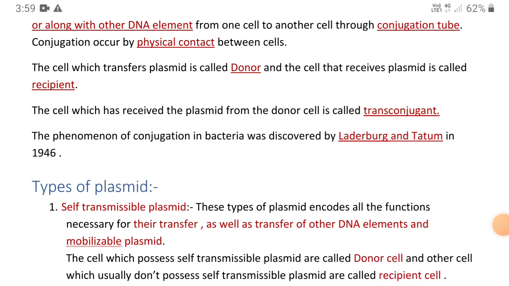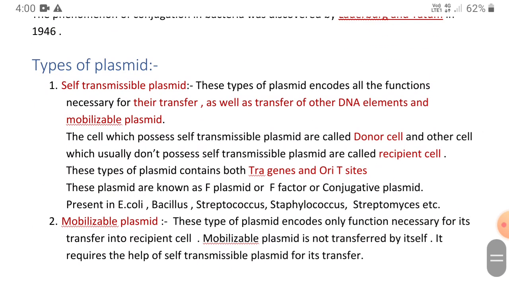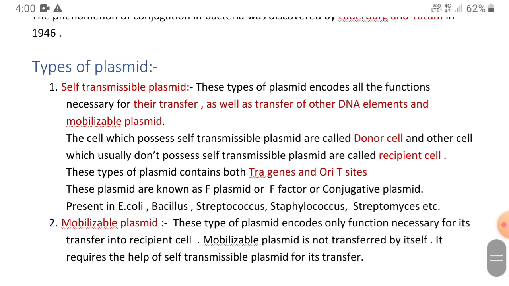So that is the idea, friends: conjugation is a horizontal gene transfer where a plasmid is transferred by itself alone or with other DNA elements from the donor bacterium to the recipient bacterium, and the recipient bacterium usually lacks a plasmid. Clear?